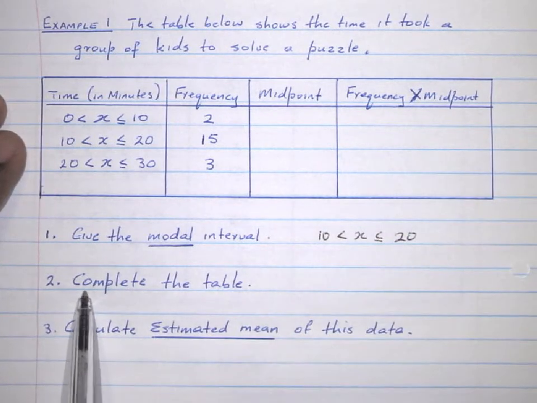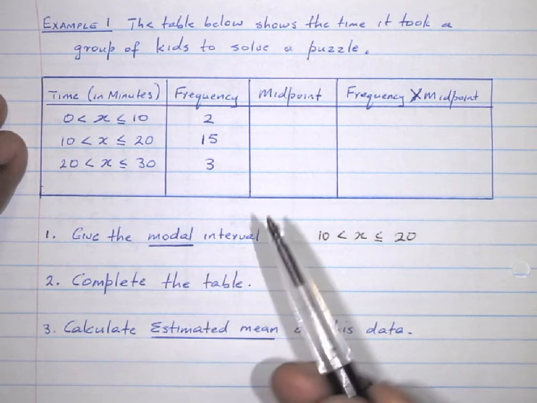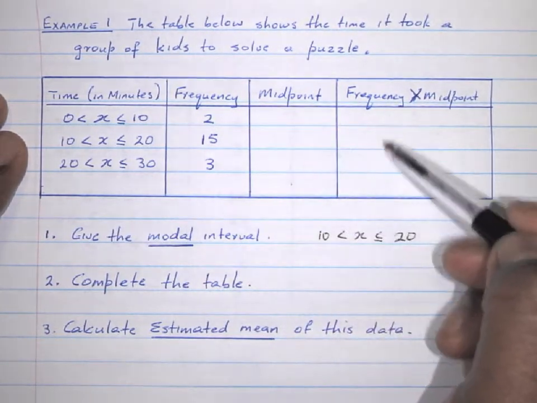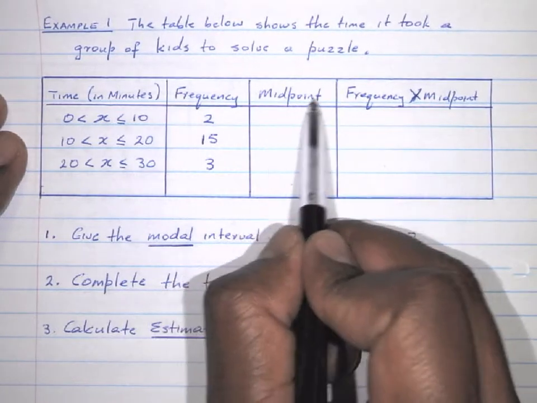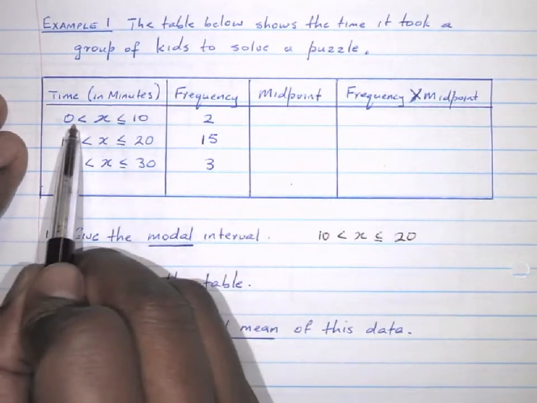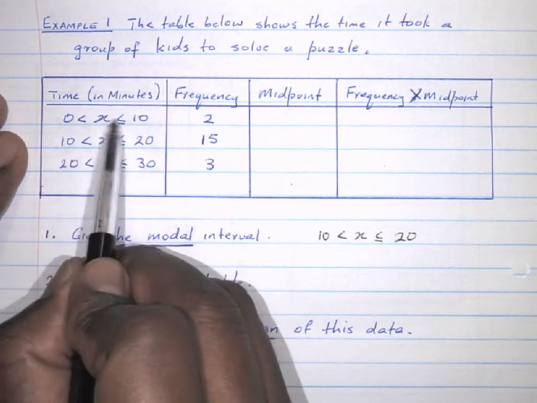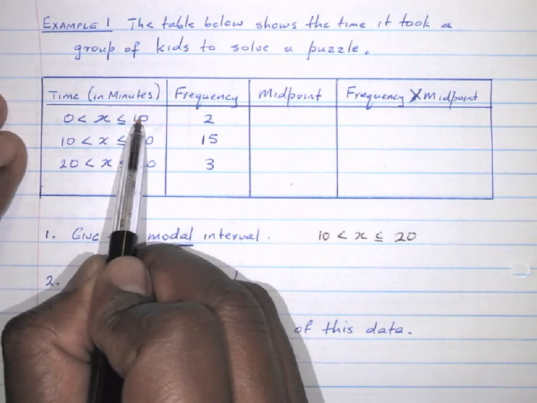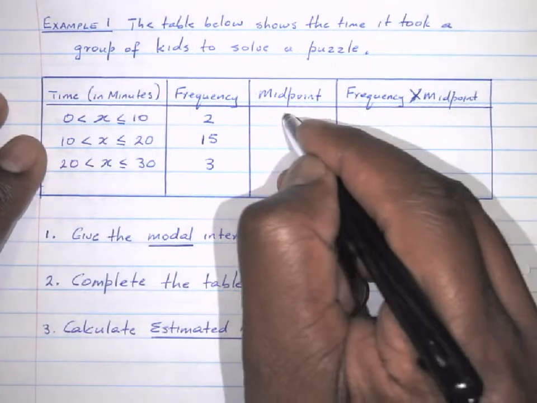The next one says complete the table. To complete this table, we need to fill in this column and this column. In this column we want the midpoint. The midpoint is the middle of the interval. To find the middle, you add 0 plus 10, then divide by 2, you get 5.